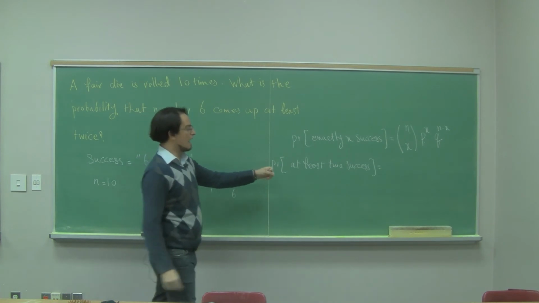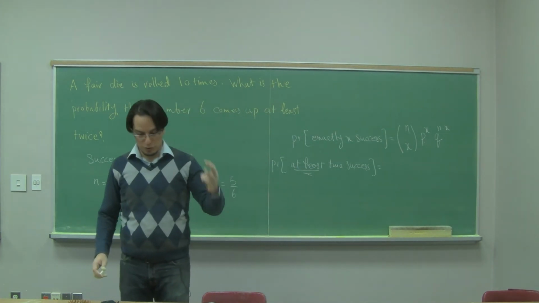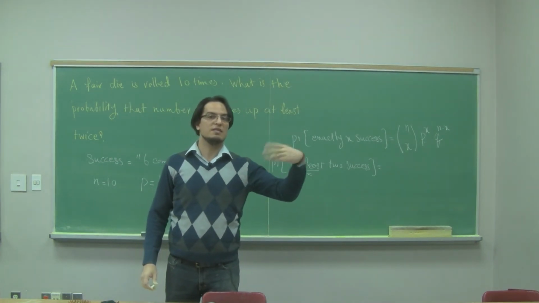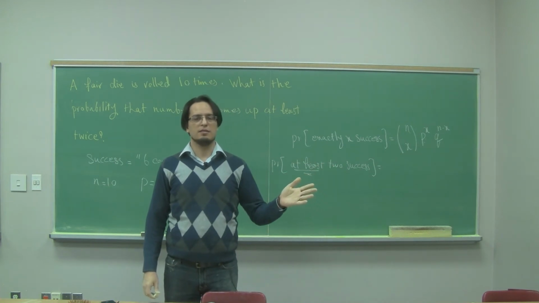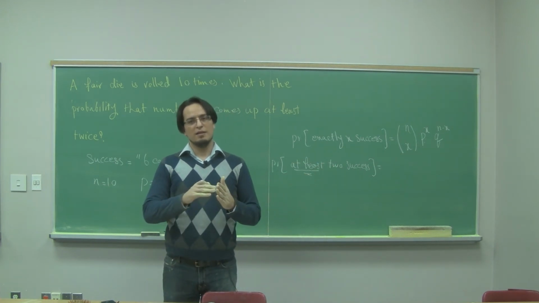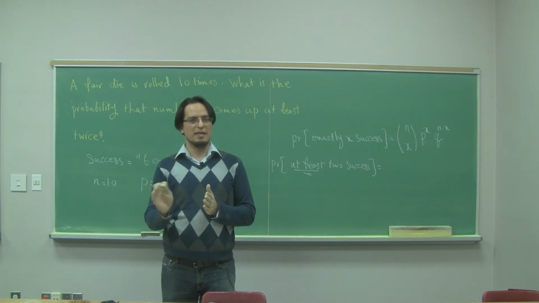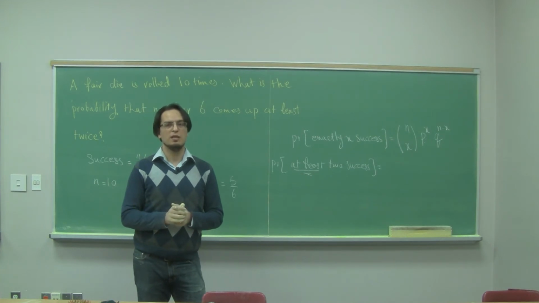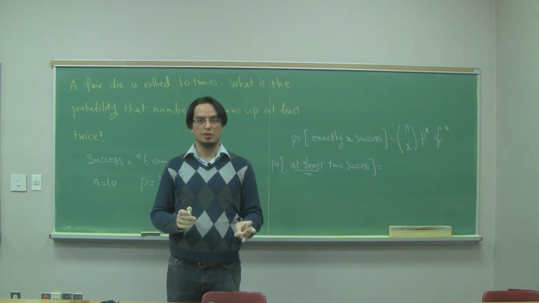Here it says at least 2 successes, which means that we have 2 successes, 3 successes, 4, 5, 6, up to 10, which are like 9 cases. But if you notice, its complement has fewer cases. The complement of at least 2 successes would be that we have 1 success or none.